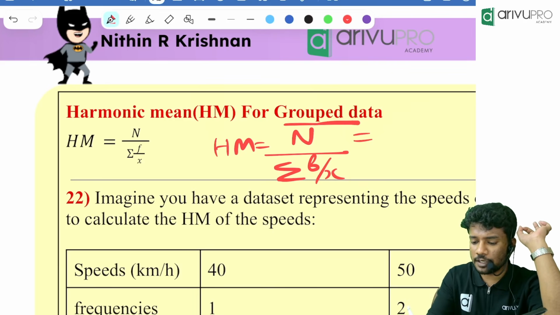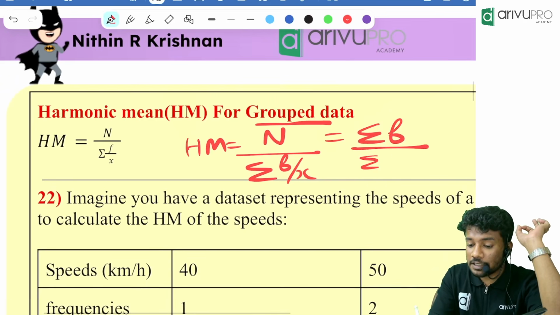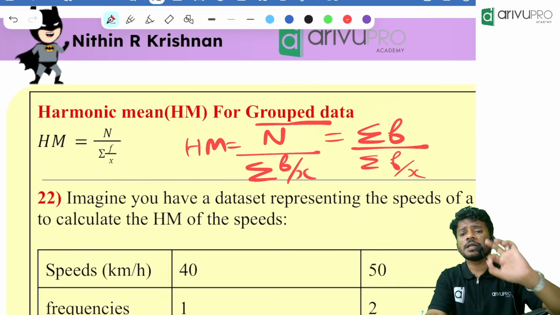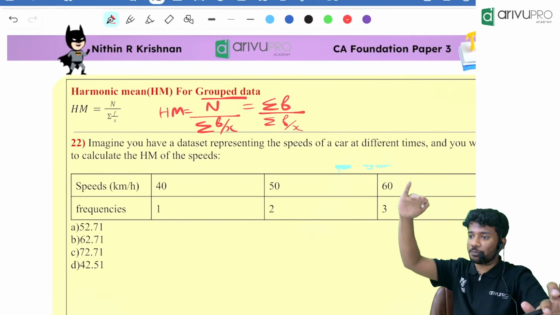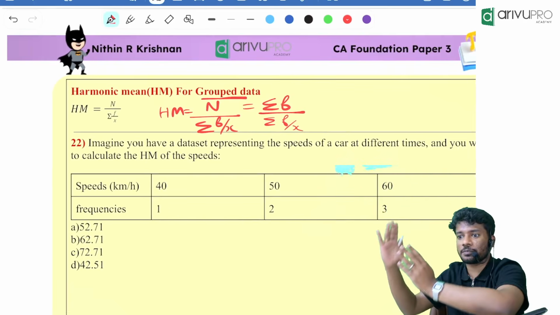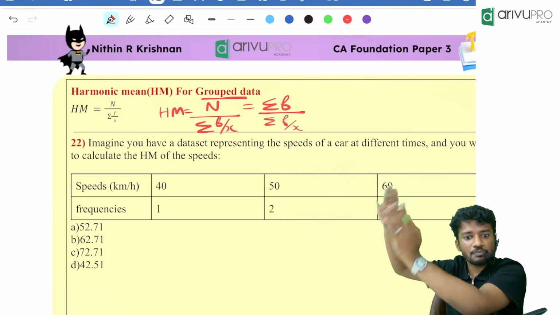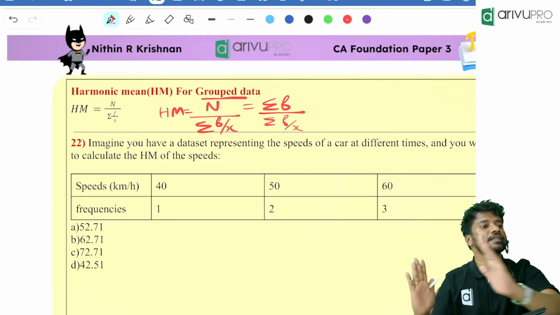N is nothing but sigma F divided by sigma F by X. What do you mean by sigma F by X? The frequency divided by the X value, plus the next frequency divided by the X2 value, plus the third frequency divided by the X3 value will be there in the denominator.